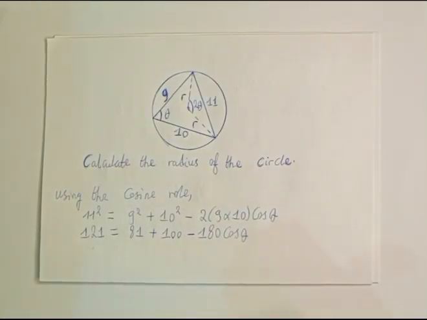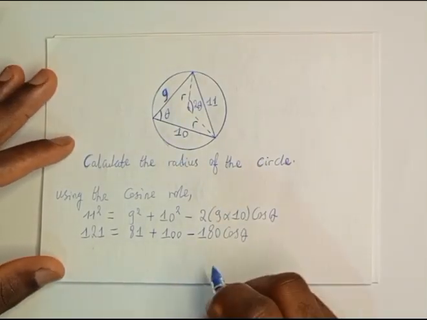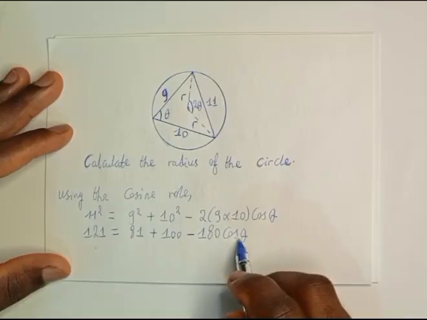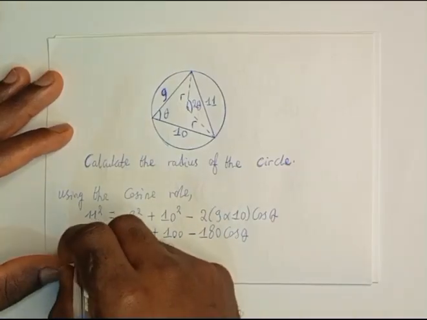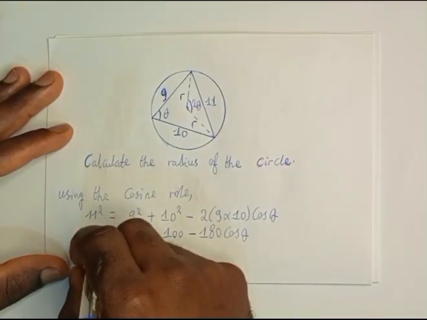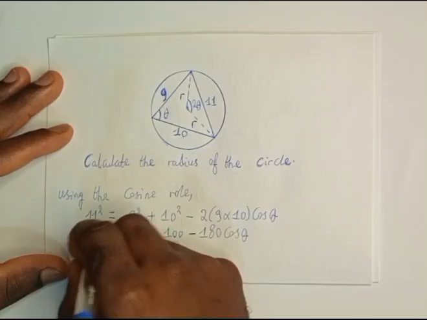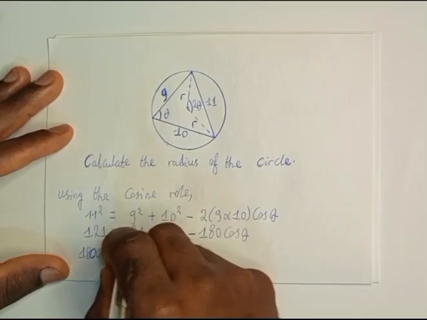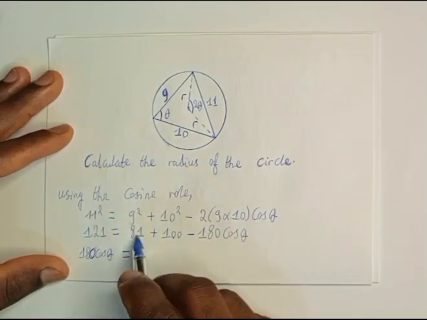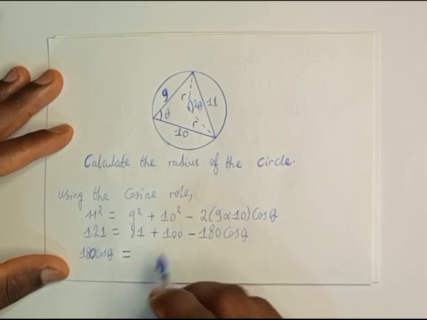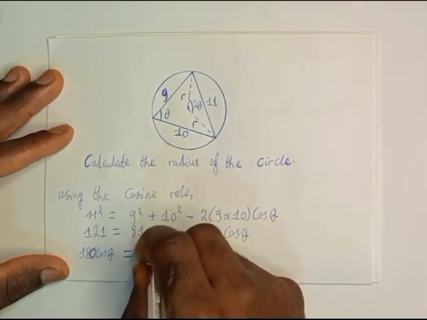We are looking for theta. What we are going to do is transfer 180 cos theta to the left so that it becomes positive. 180 cos theta will be equal to 81 plus 100 gives us 181.